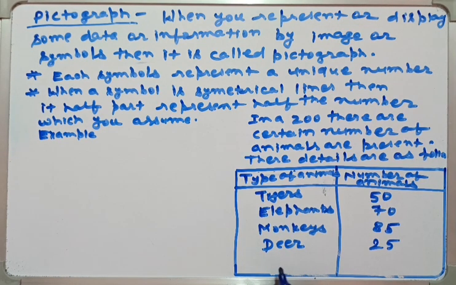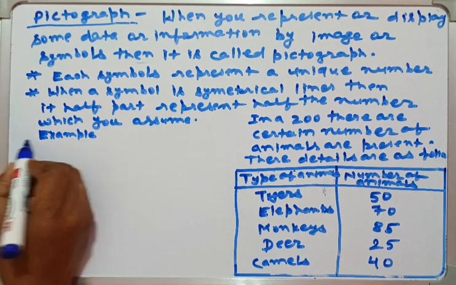Next you assume there are 40 camels in this zoo. Now you want to represent this data in the form of pictograph, then how could you represent it guys?